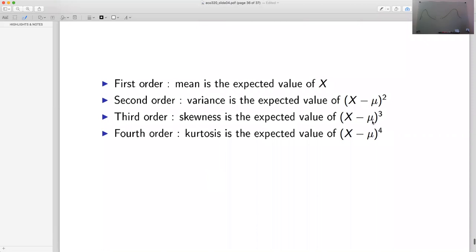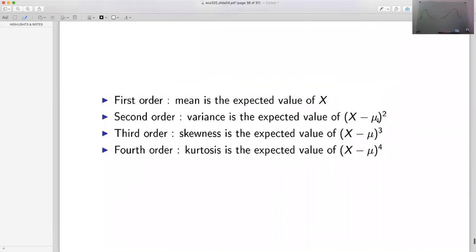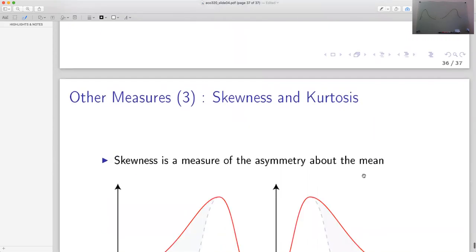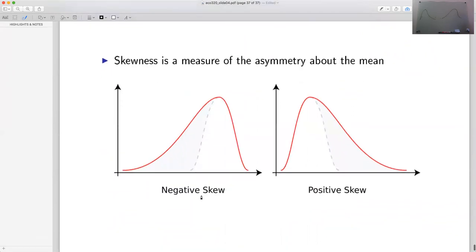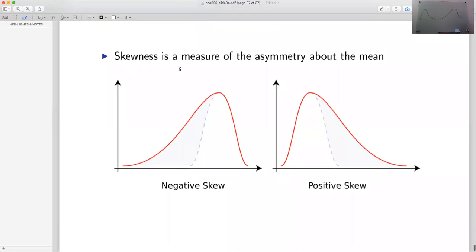Just keep in mind that this is how we get the variance, but that was squared. If you take the power of 3, it is skewness. If it is the power of 4, it is kurtosis. I will probably cover this later. So this is negative skew and positive skew. Sometimes people say skewed to the right and skewed to the left. Skewness measures asymmetry about the mean.